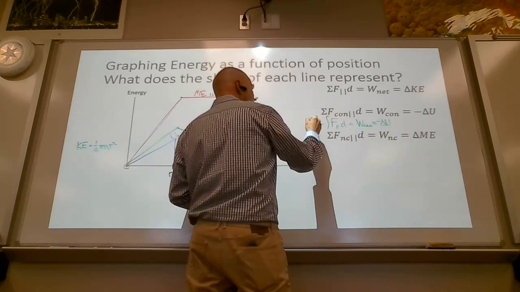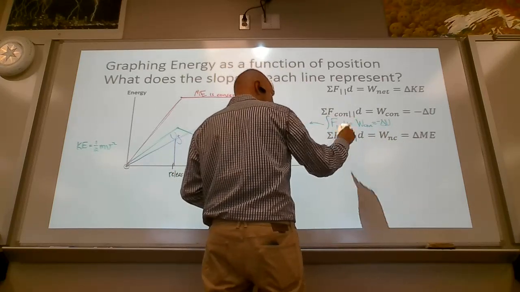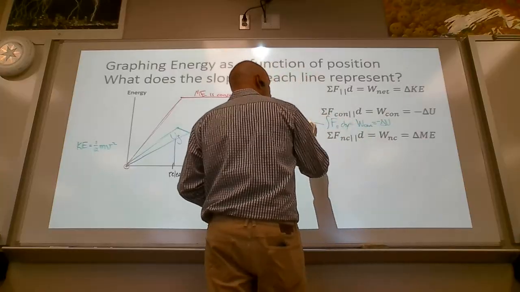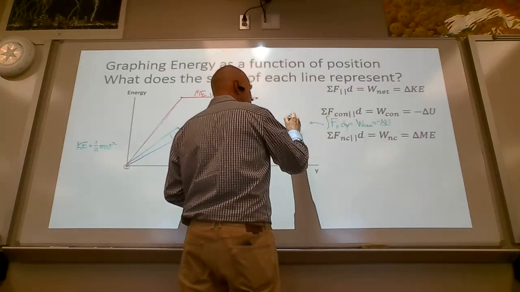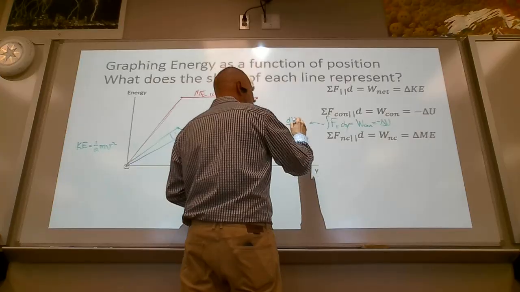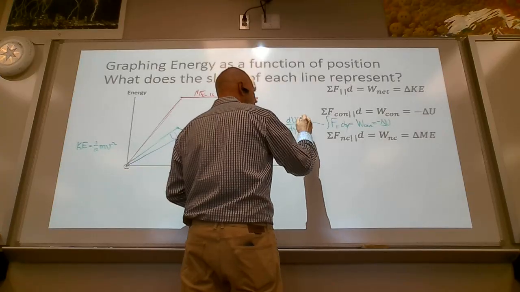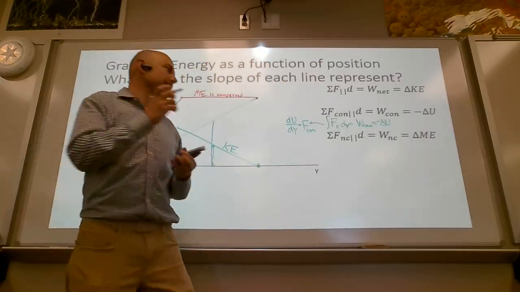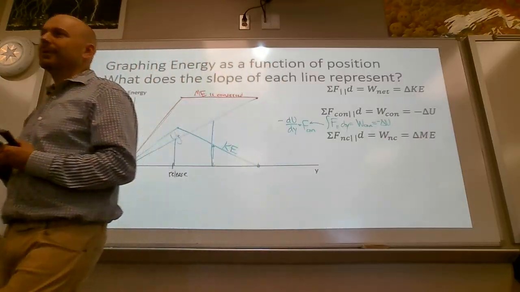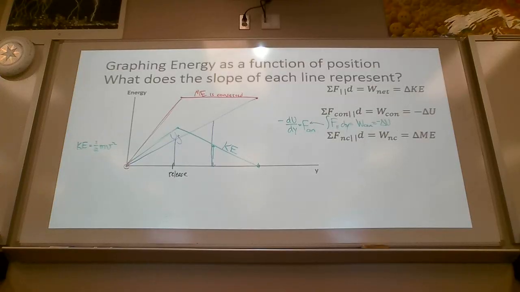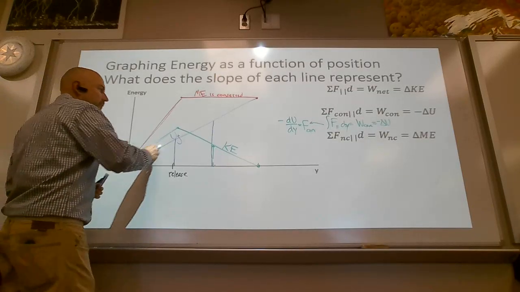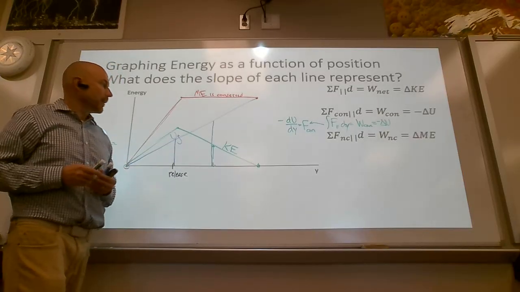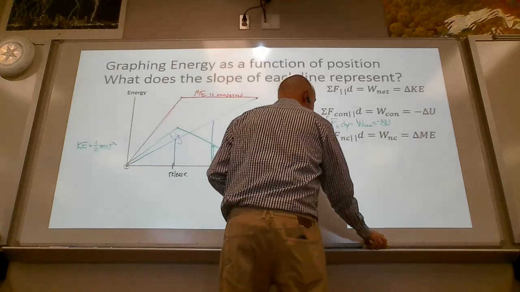So the slope, say dy, we're going to say du over dy is equal to the conservative force. Sorry, negative slope is equal to conservative force. So the slope of this line is going to be what? Gravity.